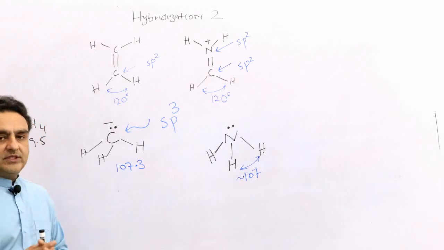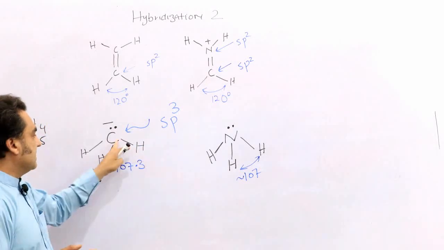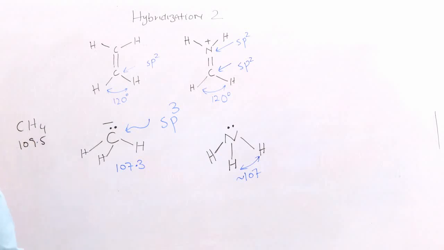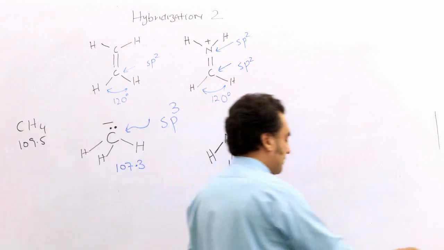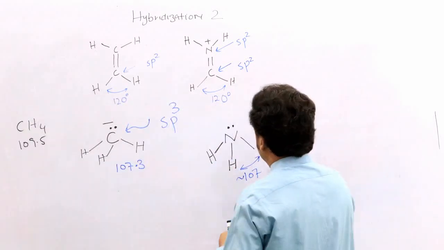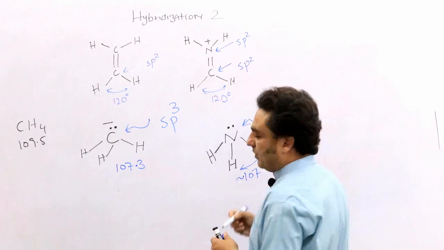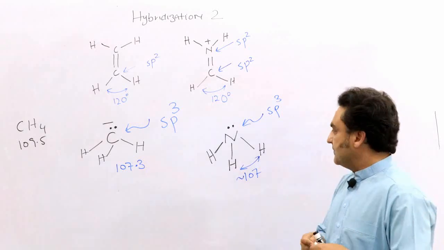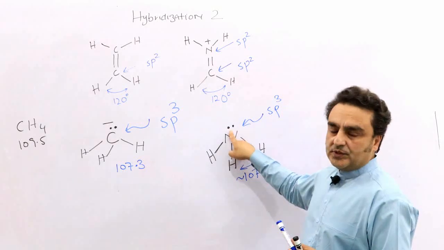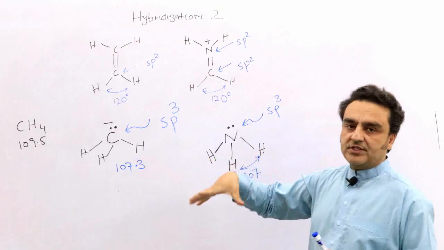One thing is for sure, that the nitrogen and the carbon both are sp3 hybridized. One thing is clear, sp3 hybridized. Now coming to the geometry, again nitrogen keeps its lone pair in what?